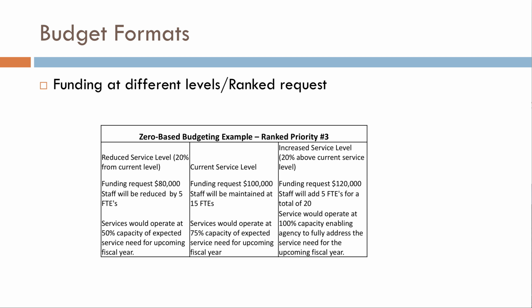So basically, if you have a three situation scenario where you have reduced funding, current funding, and increased funding, then you can justify the outcomes at all three of those levels. Now, of course, you're going to have to show data to validate why you expect a reduction in funding to affect your service capacity, or why you would expect an increase in funding to affect your service capacity.